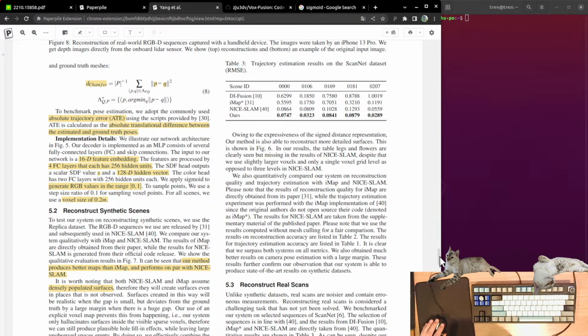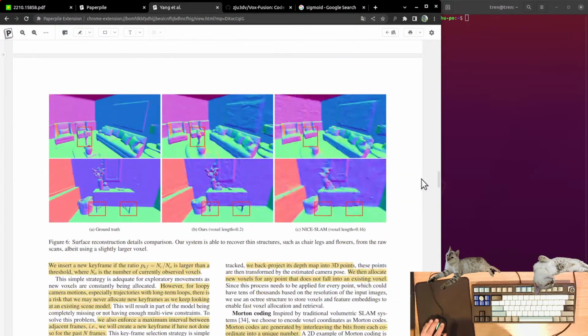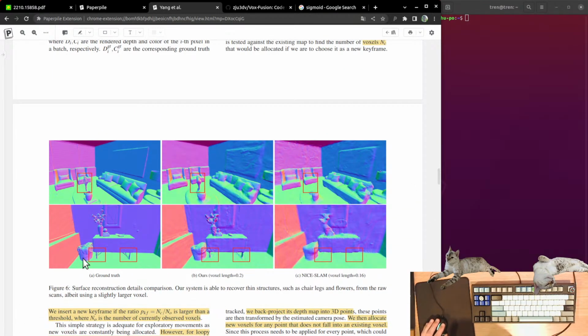Okay, Figure 6. So this is the ground truth, and this is theirs. Again, the voxels they have are hard-coded to 0.2 meters, and NICE-SLAM has a hard-coded length of basically the same size voxel.